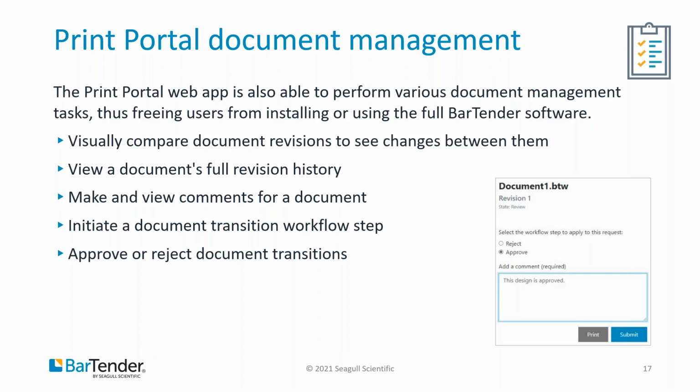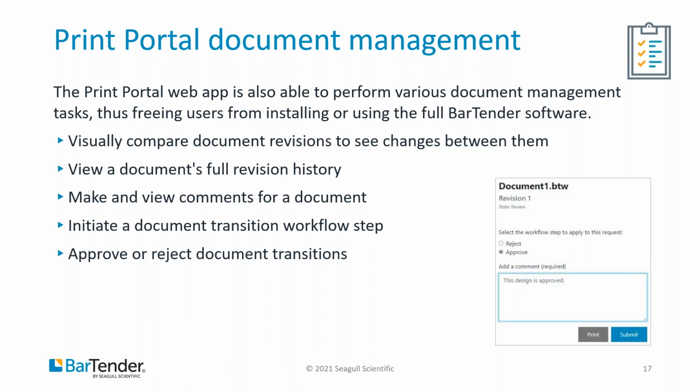So with the tasks that are currently supported, you can visually compare document revisions. So revision 1 can be compared to revision 2, and the differences, the changes between them will be highlighted. So it allows the approver to see what's changed and if the change is correct.